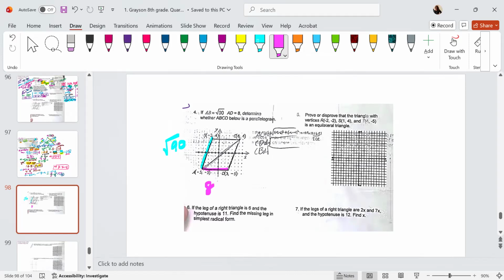What do I need to do to prove that this is a parallelogram? I would need to prove that the other side that also has to be square root of 90 is what? CD. What is the other side that needs to be 8? CB. How do I find the distance of those two?